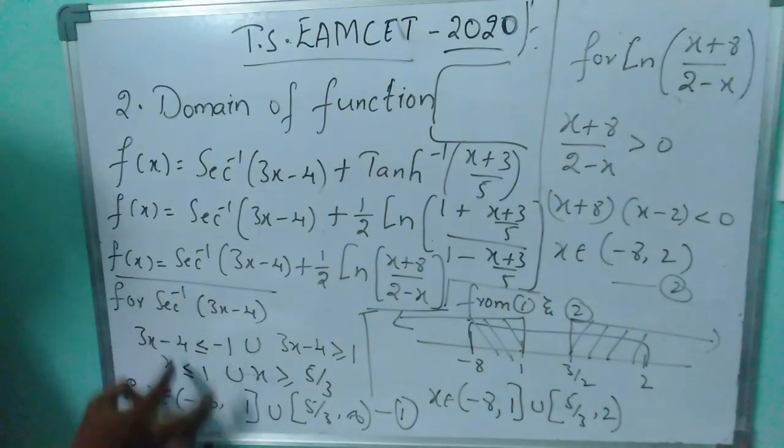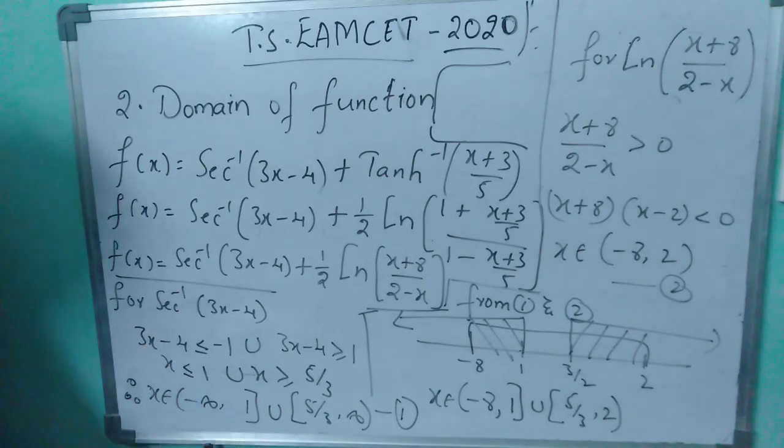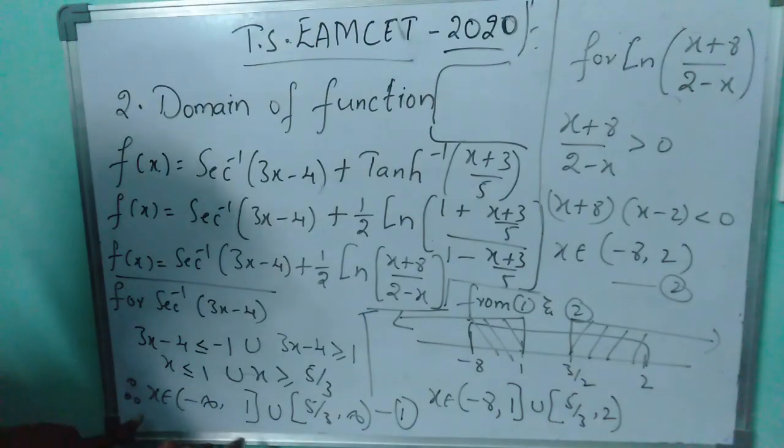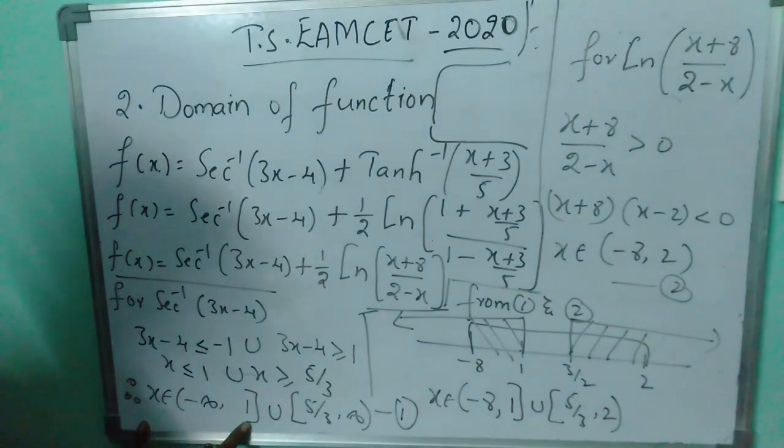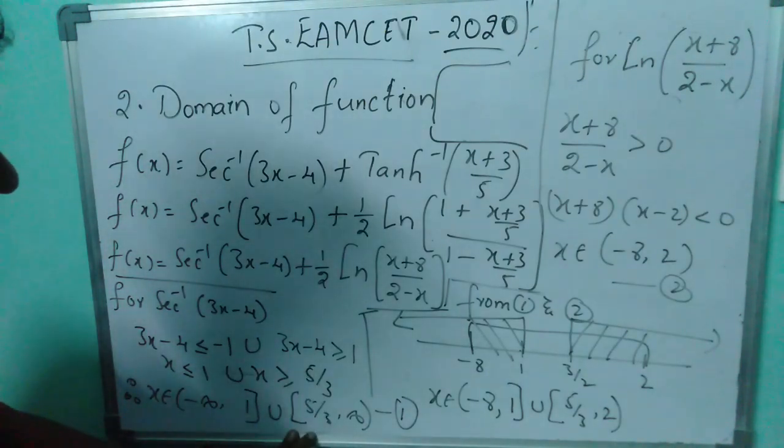By solving this, we get x less than or equal to 1 union x greater than or equal to 5 by 3. What it means is x will be from minus infinity to the closed interval 1, because equal to is there, union 5 by 3 up to infinity. Greater than or equal means starting from 5 by 3 and more than that.